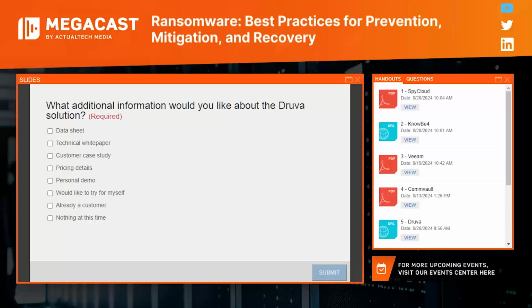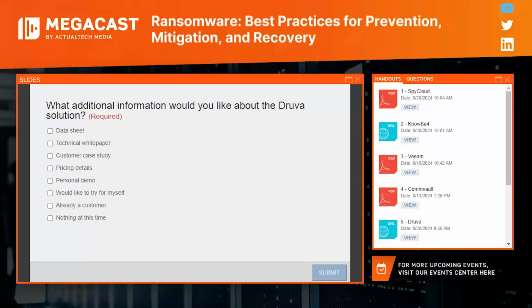A couple of questions I've got here are asking about on-prem support. If companies are already on-prem or hybrid, can they work with Druva? And if so, how would you suggest that? Oh, most definitely. We support every enterprise workload available. If you're running SQL databases, Oracle, SAP HANA, virtual machines on ESXi or AHV, and even Hyper-V, we support the backup of on-prem data center technologies, as I mentioned earlier, through the use of agents and proxies.